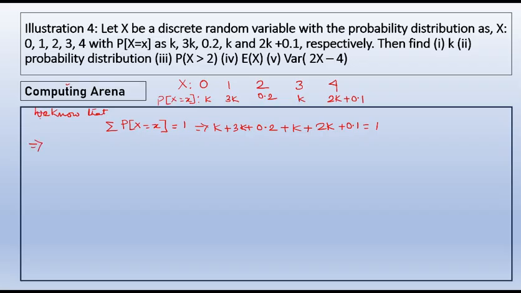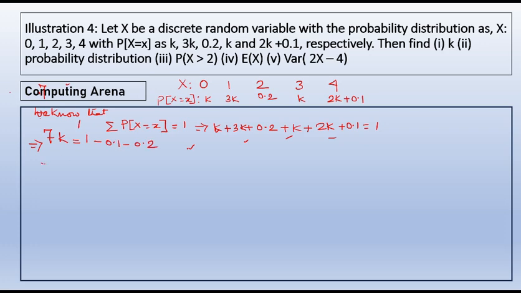If we add up all the k's, 1, 3, 1 and 2, we get 7k equal to 1 minus 0.1 minus 0.2.